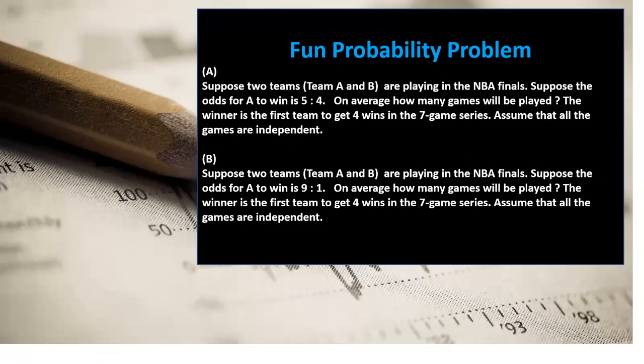One is the odds of 5-4, the other is 9-1 here. So do you think it's more games or fewer games? It should be fewer, because one team has a favor to win here. So now you should stop your video and try to do these two problems, and then come back to check the answer. Okay, all right, so we'll talk to you later.